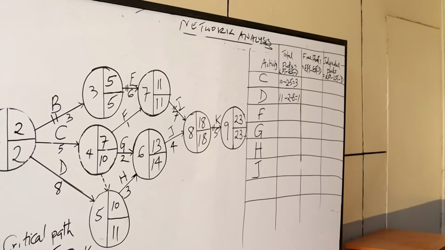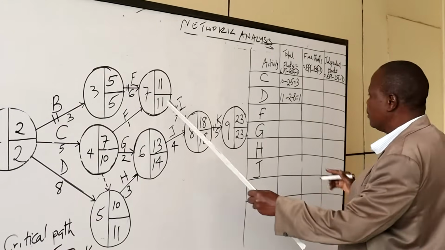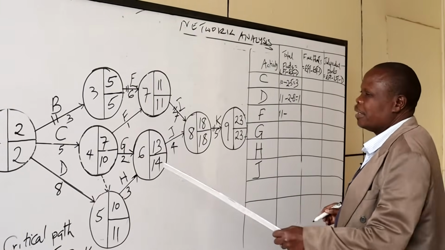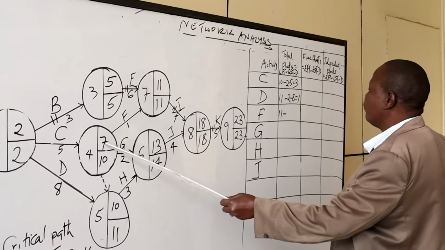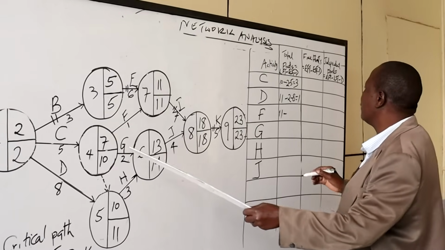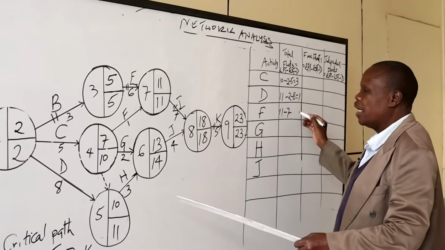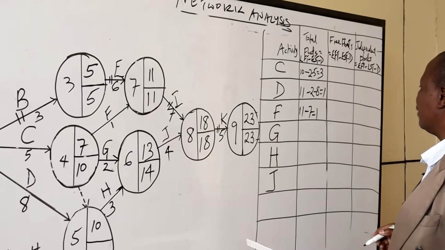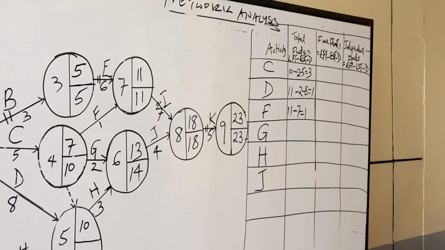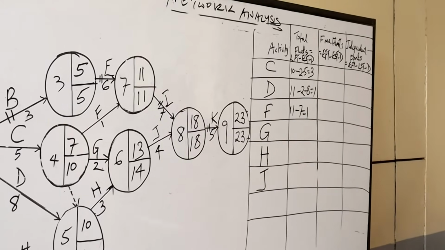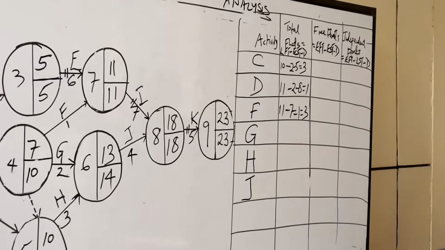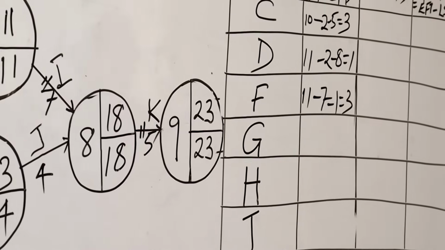Then F: 11 minus the earliest starting time for F, which is 7, then minus 1. That is 11 minus 8, which is 3 days. So we are on G.